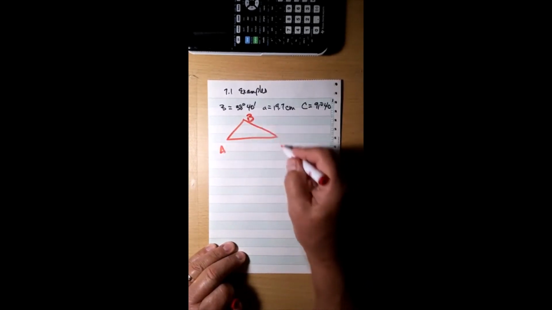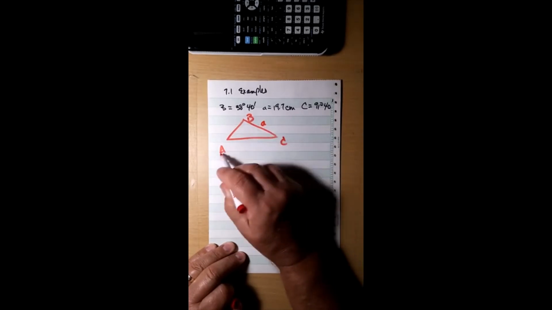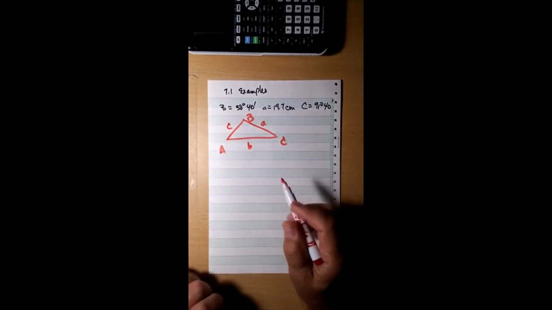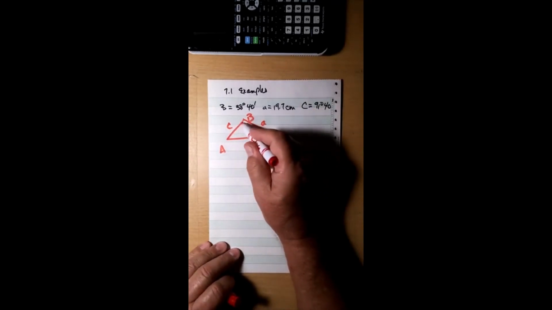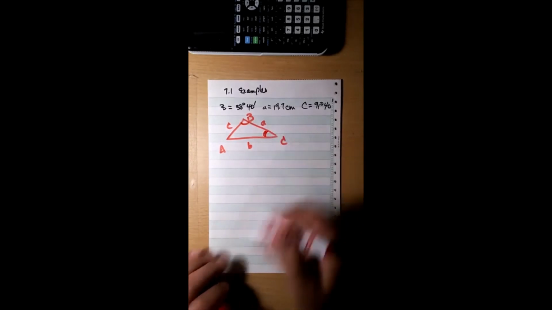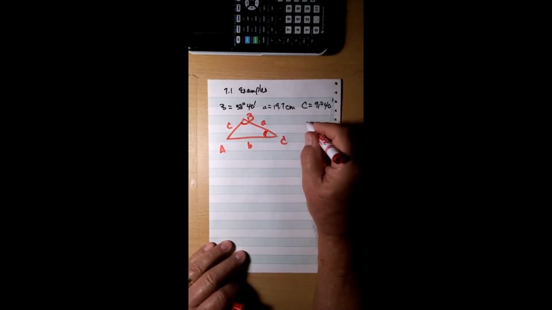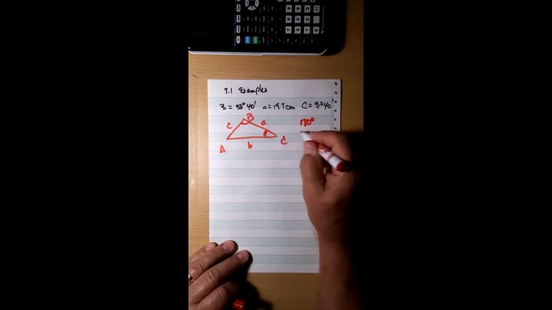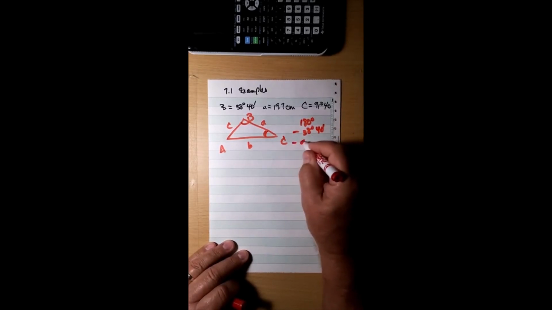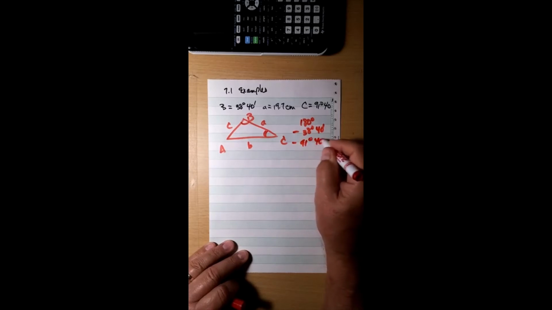A, B, C. Little a is across from big A, little b across from big B, and little c across from big C. We have angle B, we have angle C. To find angle A, we just have to subtract those from 180 degrees, right? Minus the 38, 40, and minus the 91, 40.